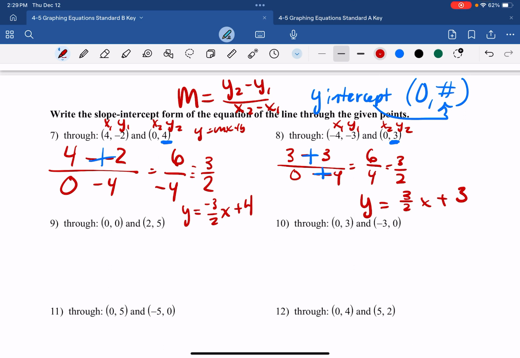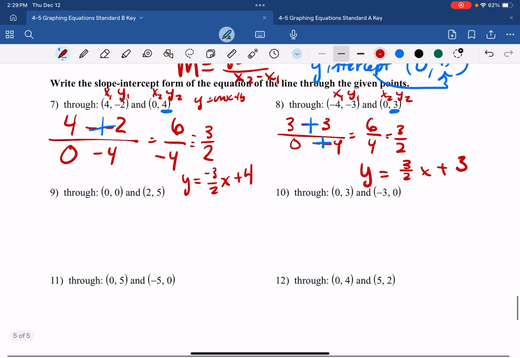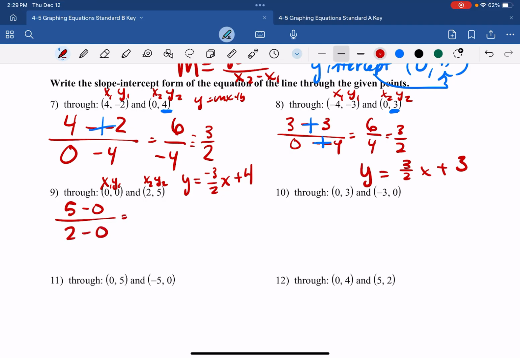Okay, number 9. Same thing. So you see how this process is just going to be the same every time. And most of your mistakes will be with the slope. And just always check and see if you can reduce it.